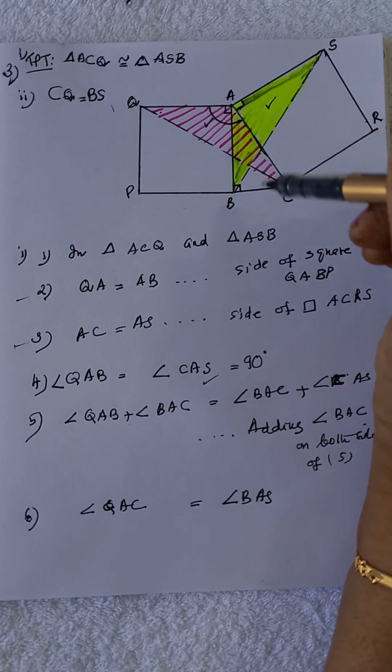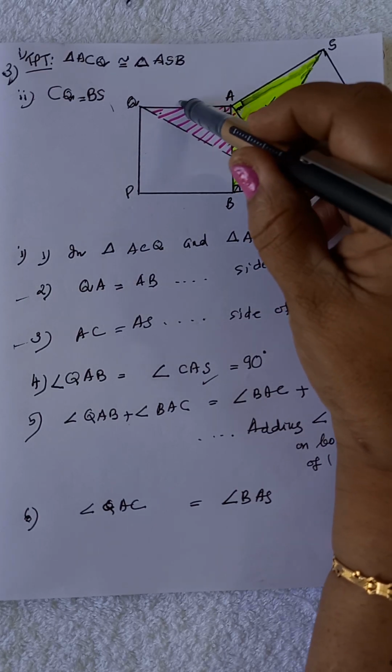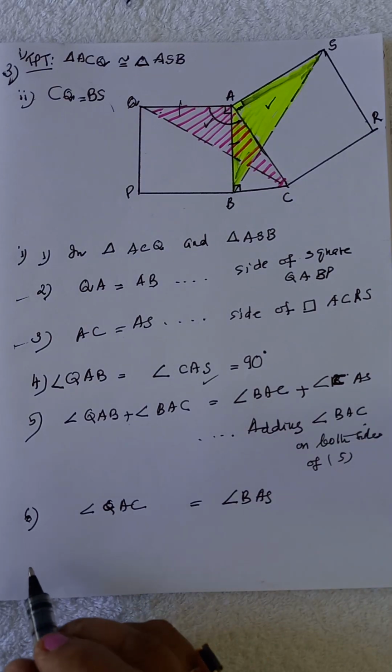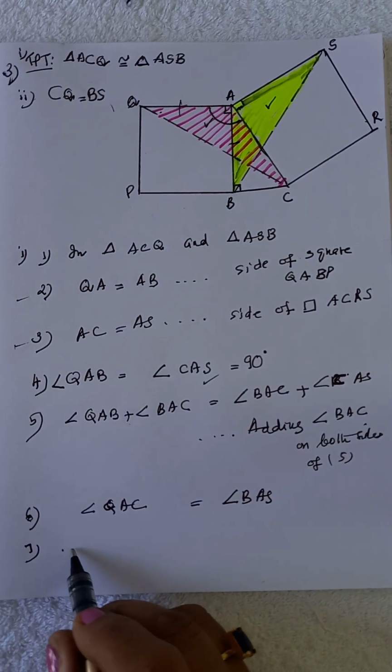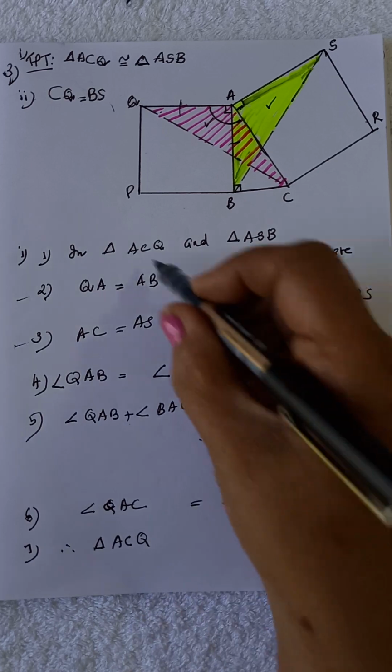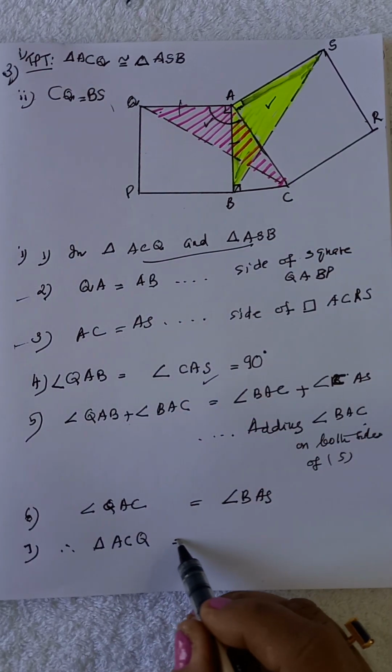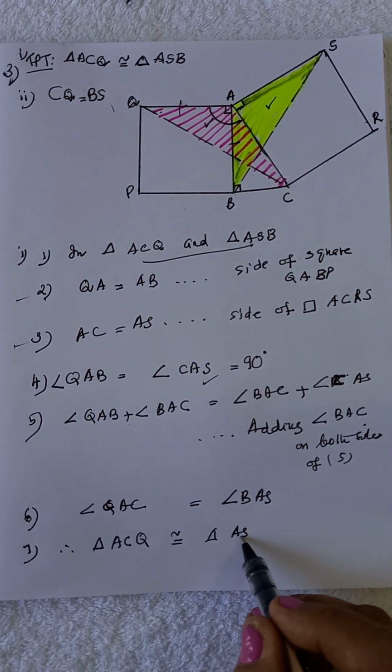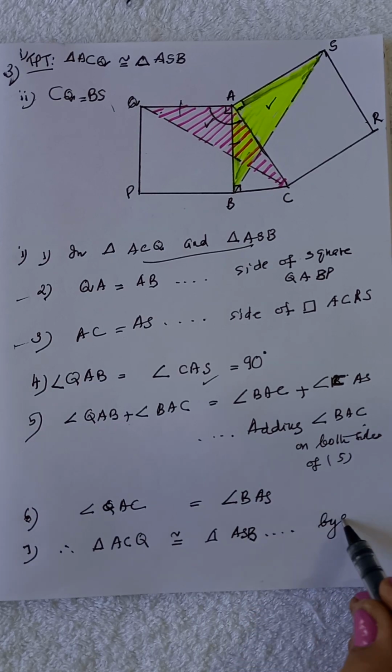That is, the angle is in between these two sides. So we can write as seventh point, therefore triangle ACQ is congruent to triangle ASB by SAS test.